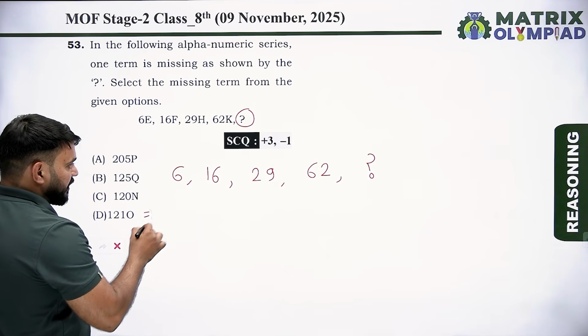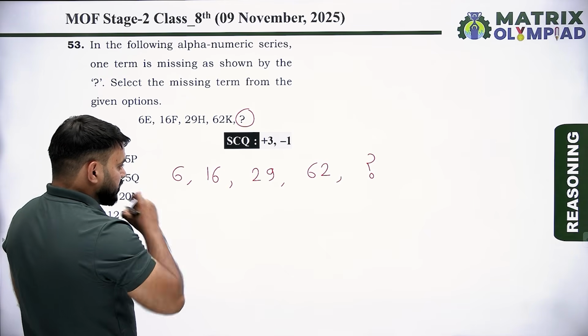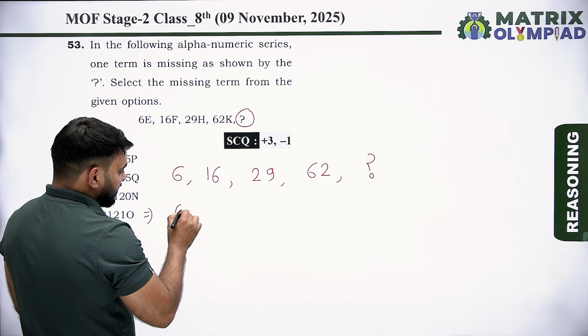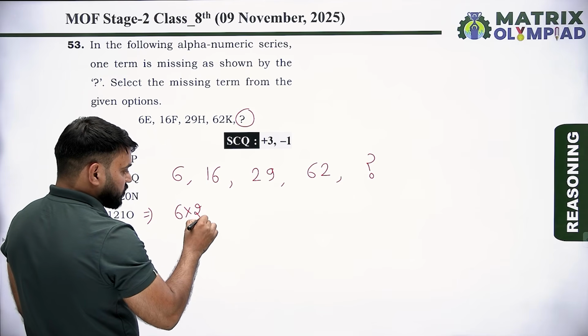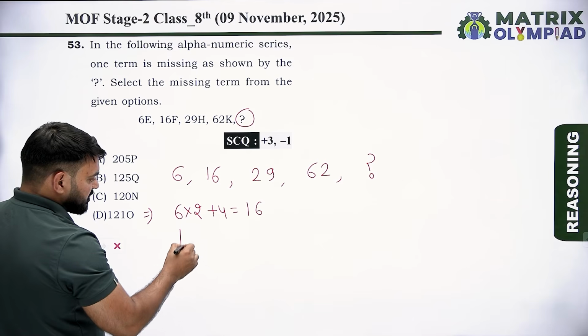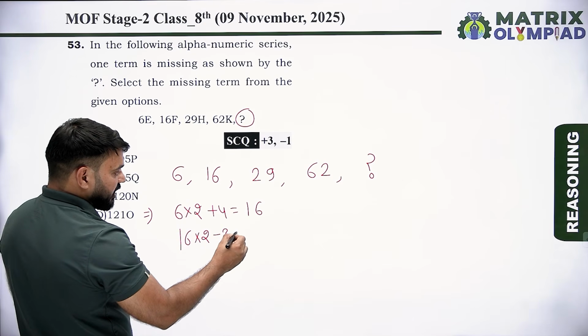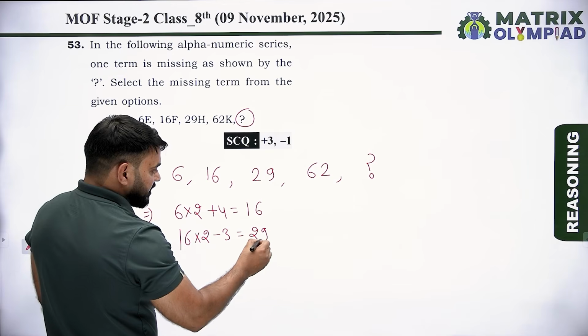So first find the pattern of the given number series. So 6 to 16 means 6 multiplied by 2 is 12, plus 4 is 16. Now 16 multiplied by 2 is 32, minus 3 is 29.